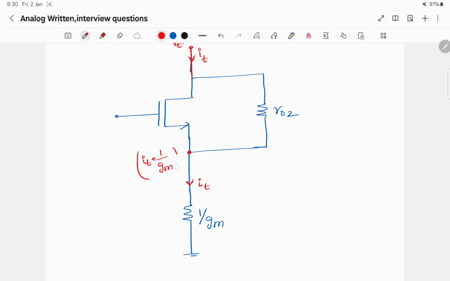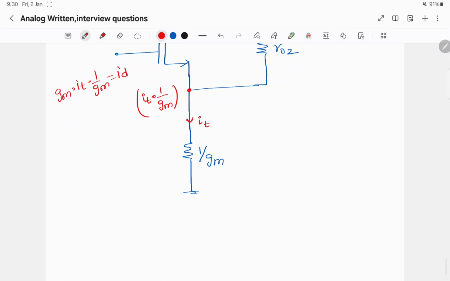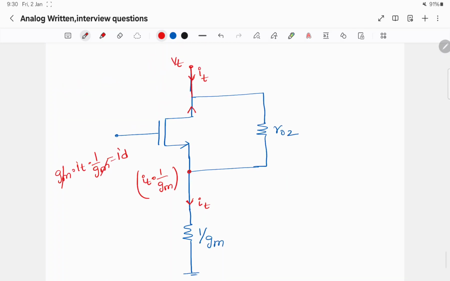So GM times this node potential, current will flow in this direction. So GM times IT times 1 by GM current will flow. So the current flowing is IT from source to drain. So the current flowing here is 2 times IT.